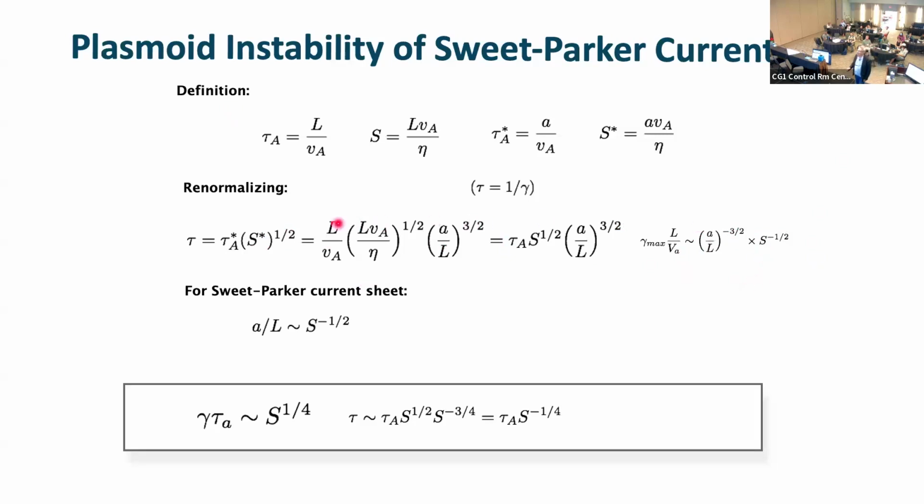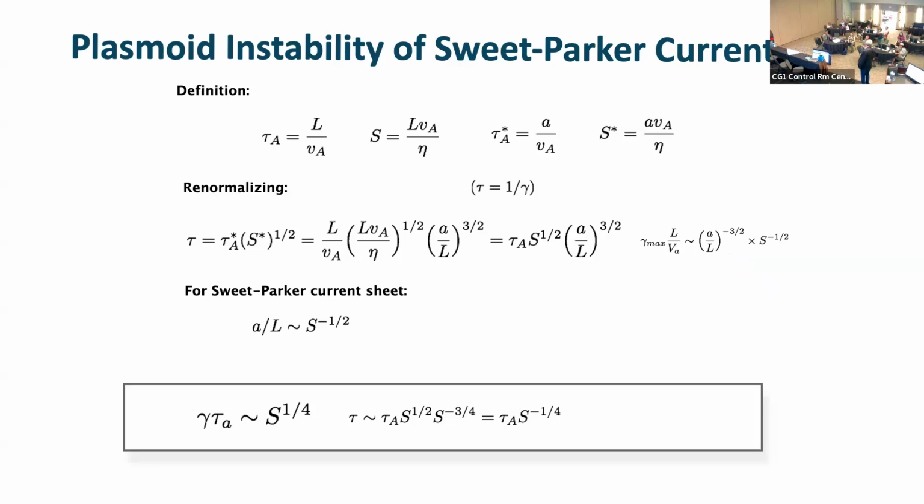But in the stationary Sweet-Parker current sheet, A over L is determined by the fact that you have to have inflow, outflow, and you have to dissipate the sheet. And what you find is that A over L scales like S to the minus 1/2. So what? Put A over L equal S to the minus 1/2 in here.